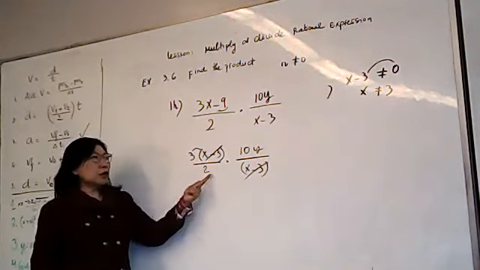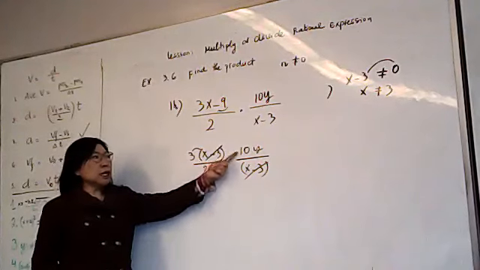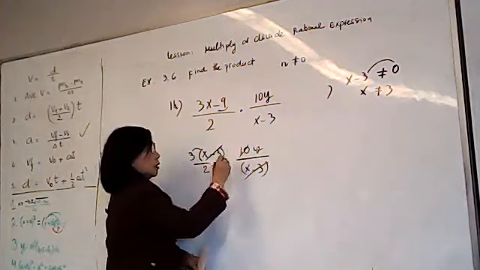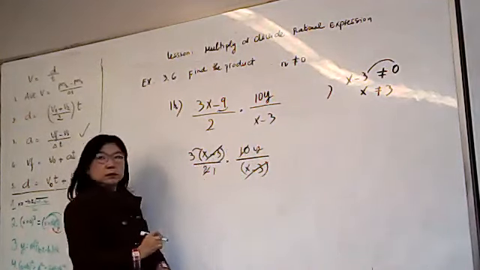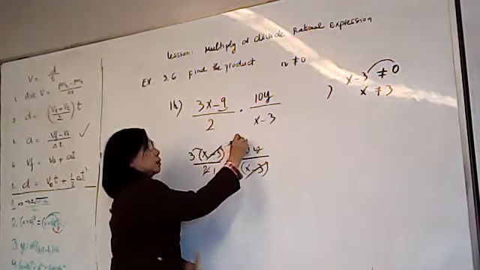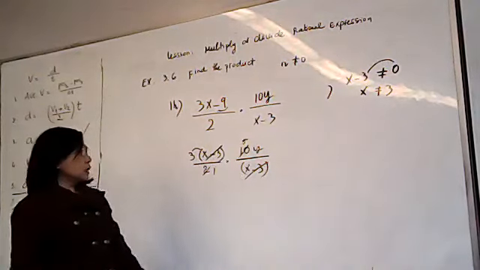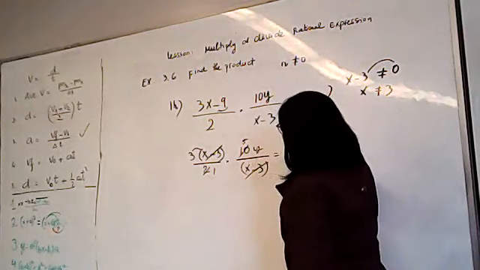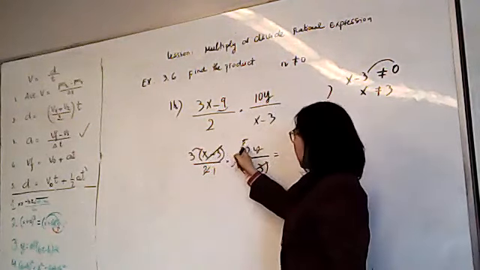You can divide across like that, right? So 10 divided by 2 is 5. This will become 1, and this becomes 5. Now, what else can I cancel? That's it. So my answer will be 3 times 5, students.